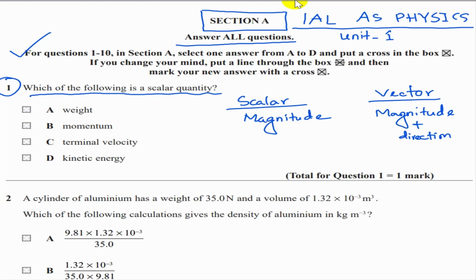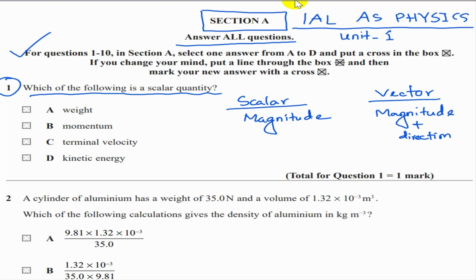Here weight is a kind of force, so it is a vector quantity. Momentum is the product of mass and velocity. Remember, when a vector quantity is multiplied with a scalar quantity, the result will be a vector quantity. So momentum is a vector quantity. Terminal velocity, so velocity is a vector quantity.